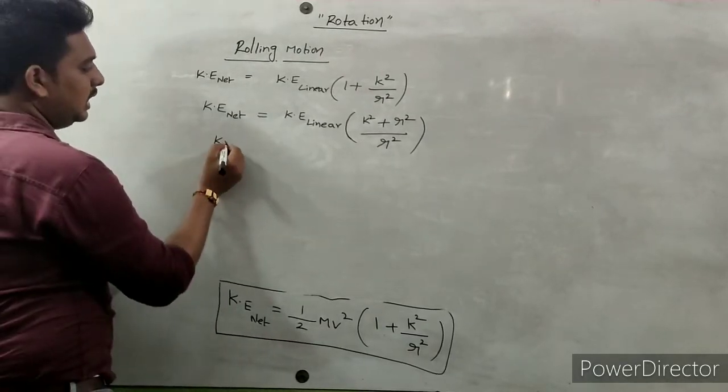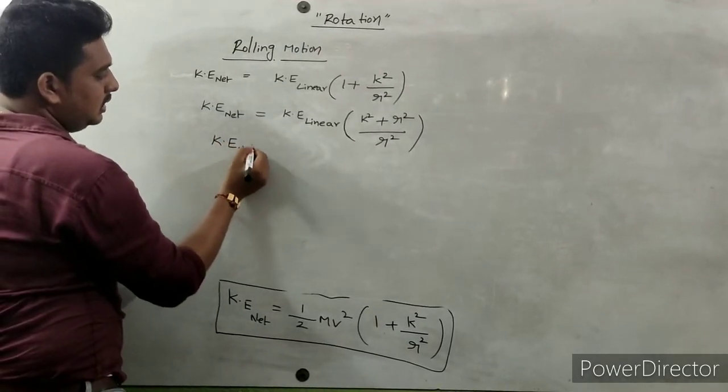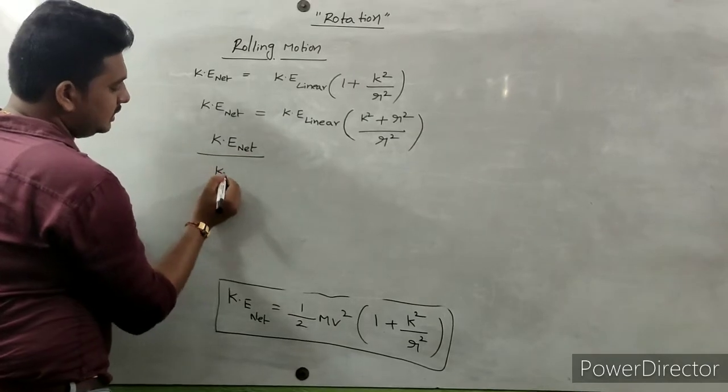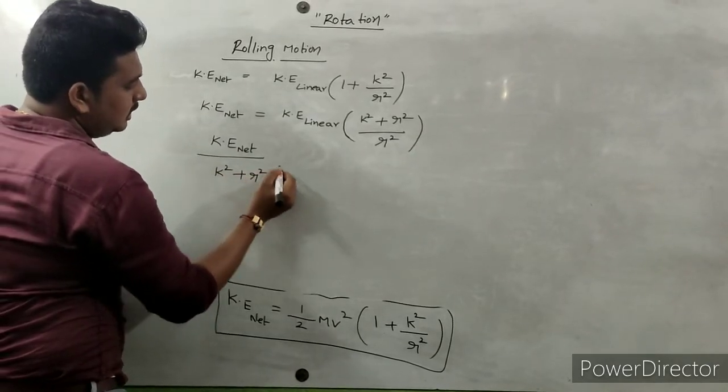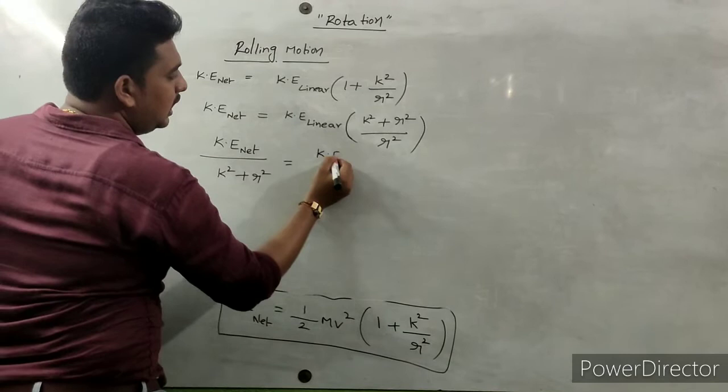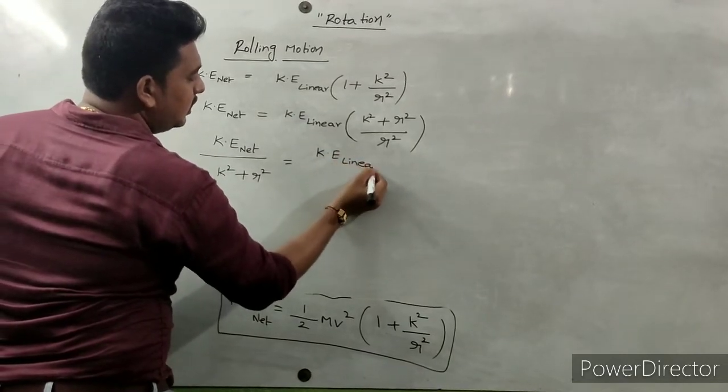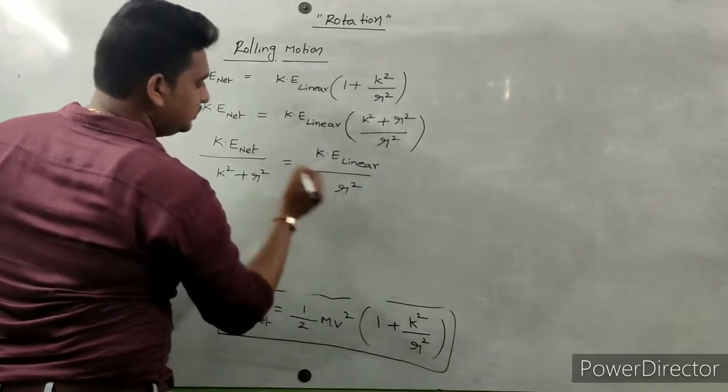So from this, KE net by k square plus r square is equal to KE linear by r square.